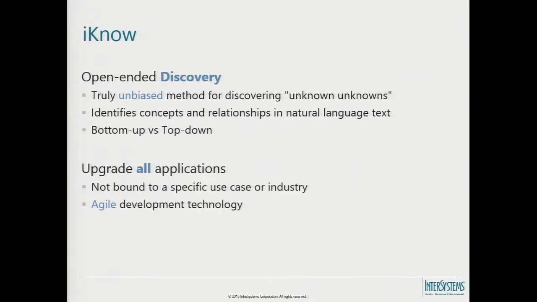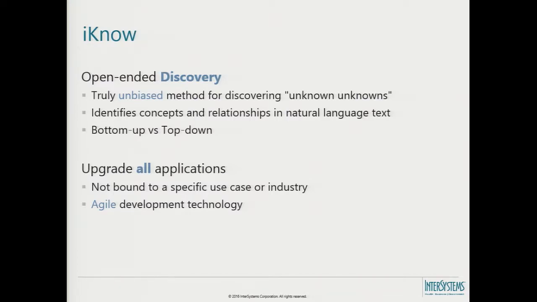So IKNOW is what we call open-end discovery. When you compare to a Google search, if you go to a Google page, you have to enter some information to search. With IKNOW, we just present to you all the concepts that we found in the text, and we can give you already a list of concepts, relations, etc., without needing to ask anything.